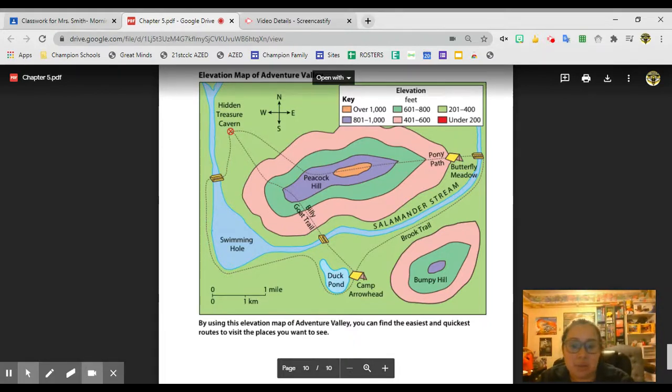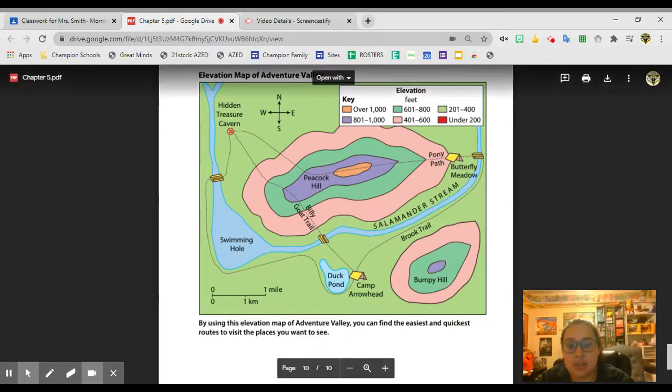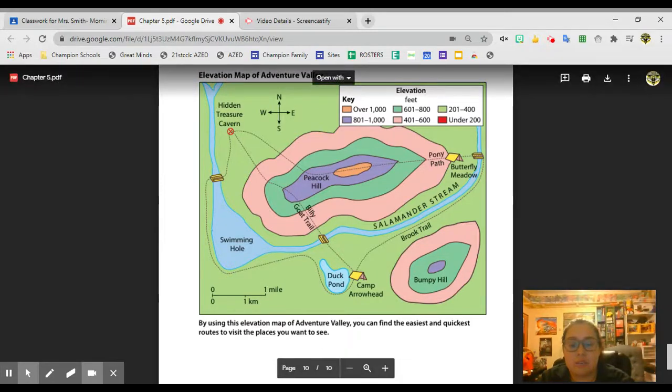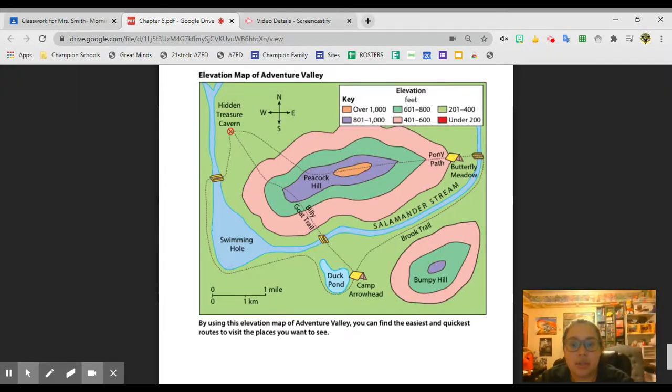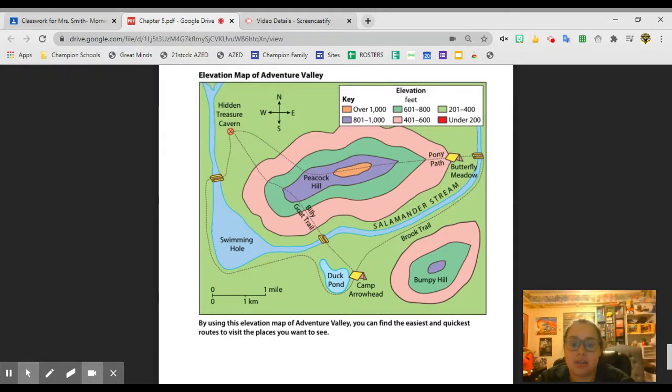So we don't really know what that part is. We can assume it's lower because it is closer to the green. So if I were to measure from here to here using the scale, then Billy Goat Trail would be faster. You have to be hiking up and then hiking back down. Whereas Brook Trail is going to be longer, but it's going to be flatter.